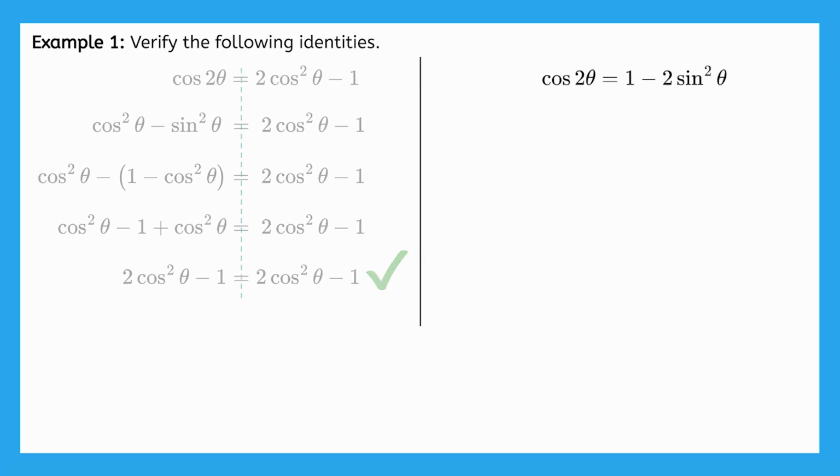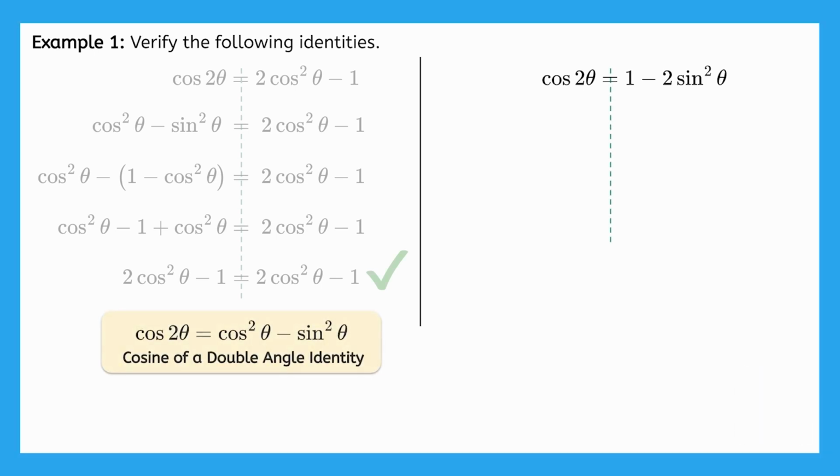Now it's your turn. Verify the identity cosine 2 theta equals 1 minus 2 sine squared theta. Pause the video now. Once again, we use the double angle identity and replace cosine of 2 theta with cosine squared theta minus sine squared theta.